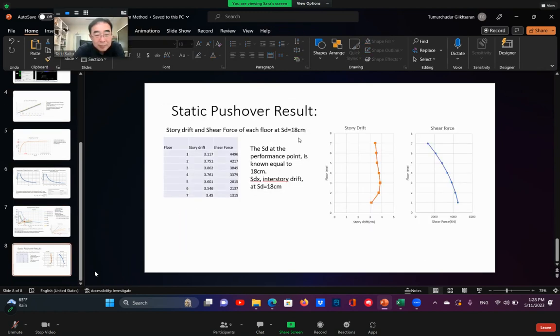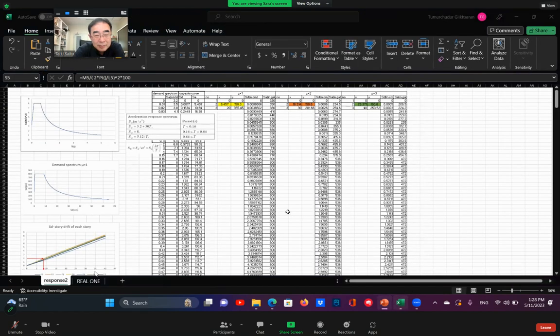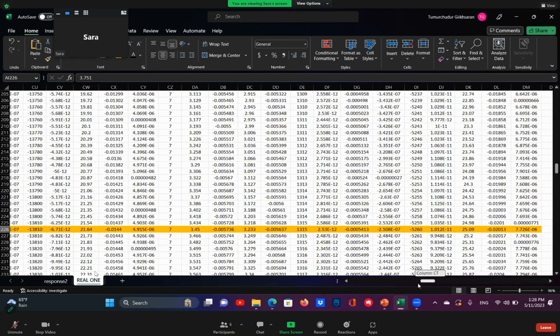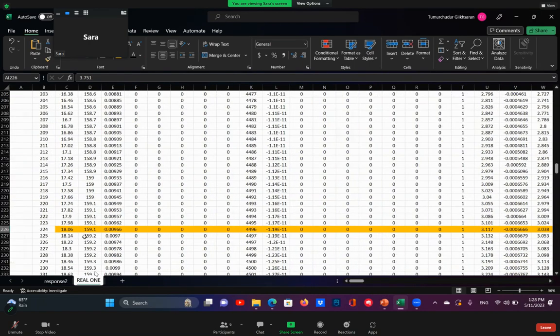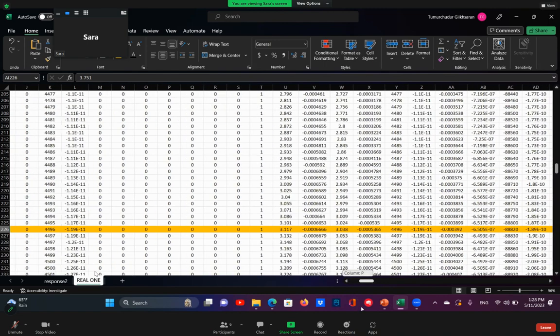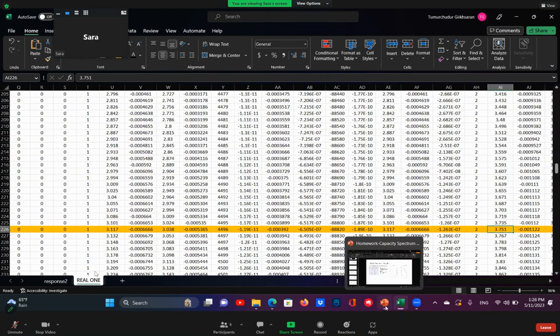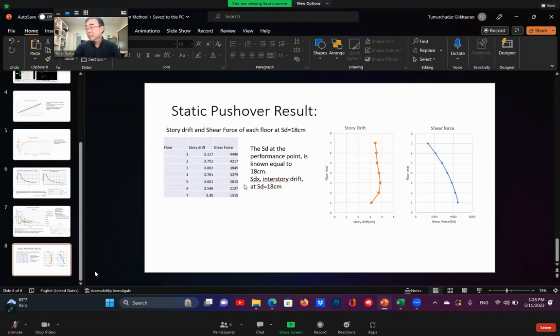From this 18 centimeter, we can see the story drift and shear force of each floor, and we can see in here 18.06 and the shear force and the story drift.